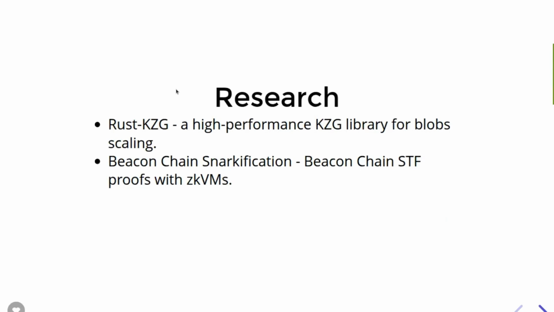We have a lot of research going on, and one thing is that we are building a Rust KZG library, which is a high performance KZG library for blob scaling, which is at least in some aspects faster than the alternative KZG libraries, and the speed here directly contributes to things like, for example, blob throughput.